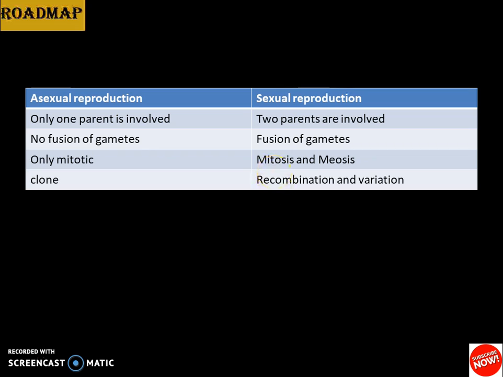The parents give rise to offspring, but the features and characteristics are different, right? So recombination and variation take place in sexual reproduction. This is the difference between asexual and sexual reproduction.